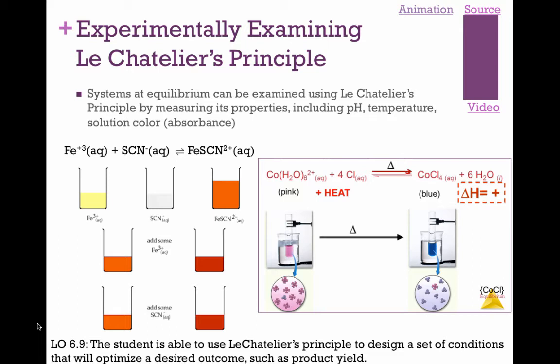If you change the amounts, it's going to change color as it shifts to equilibrium. It might become more yellow if you're making more iron, or more orange if you're making more of the iron thiocyanate ion. So you can use just qualitative observations to look at Le Chatelier's principle.